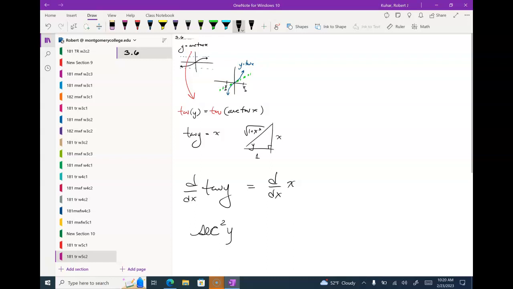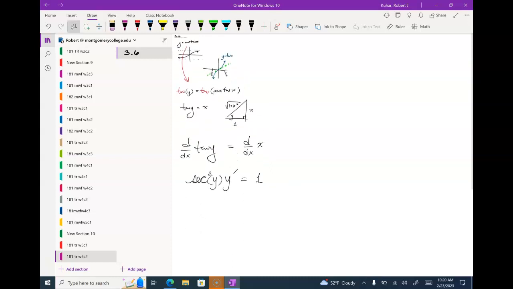So secant squared of y times y prime equals the derivative of x, which is 1. Remember, I'm solving for y prime, right? So I know y prime is 1 over secant squared y, which might as well just be cos squared y. Agreed? 1 over secant is cos.